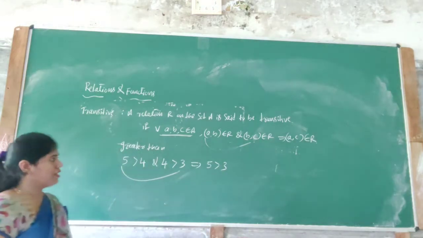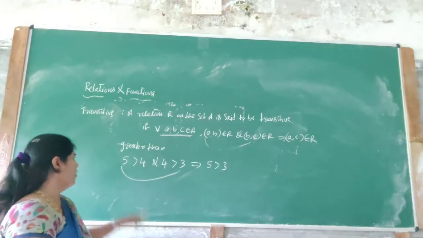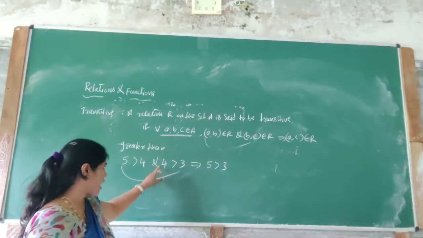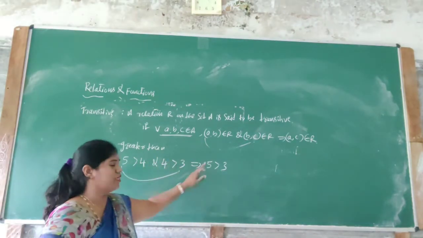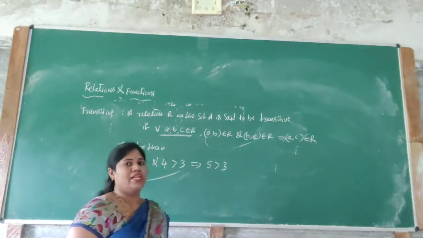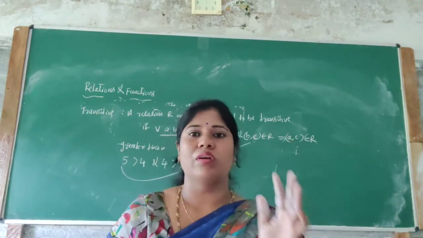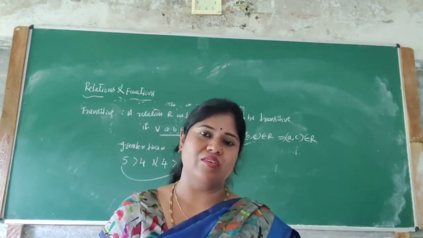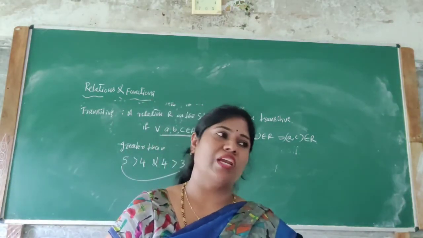Is it a transitive relation? Yes, it is a transitive relation. 5 is greater than 4 and 4 is greater than 3 implies 5 should be greater than 3. Then only it is called a transitive relation. So parallel to is a transitive relation, and greater than is also a transitive relation.